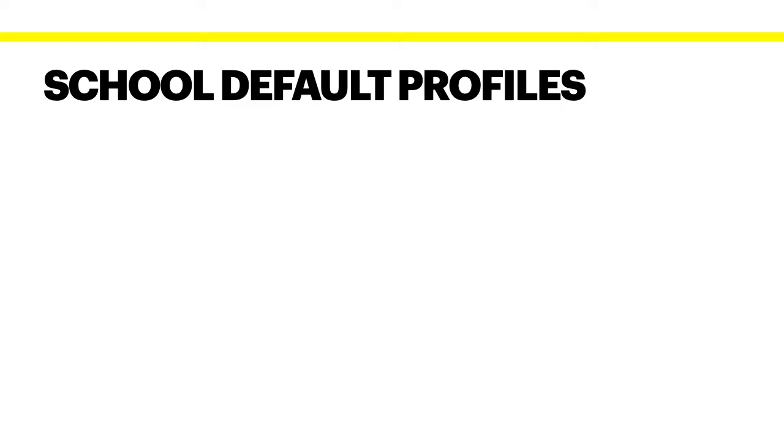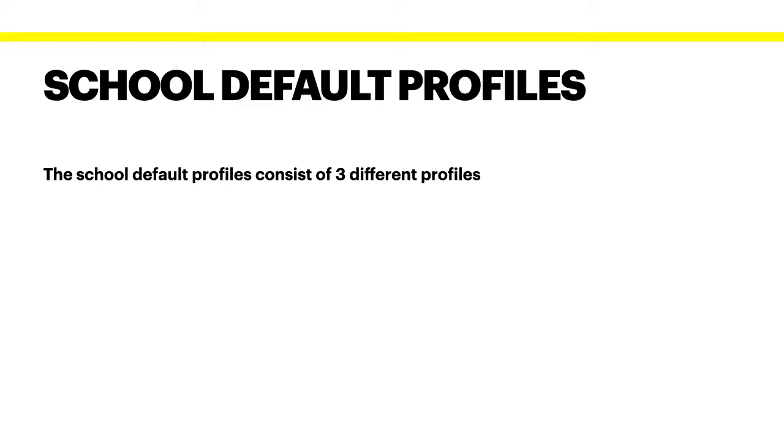Now, the school default profile consists of 3 different profiles that take place every day during your school curriculum hours. What are the different profiles and when do they happen at which time of the day? These are the profiles.